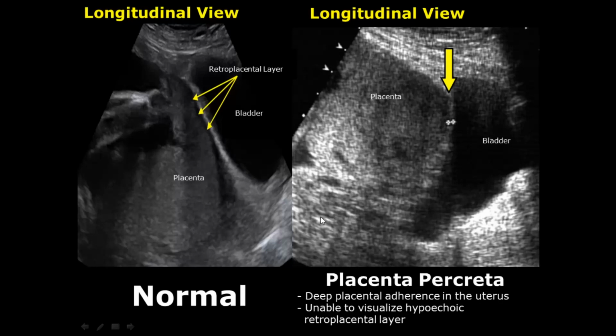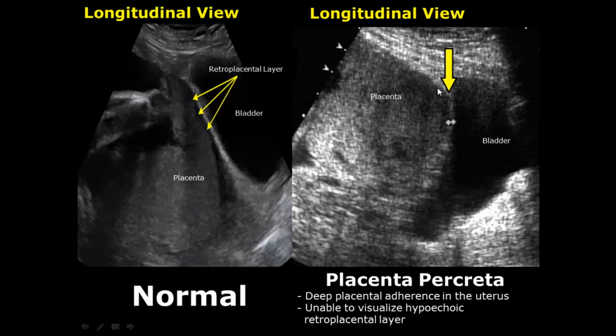It is the mildest form in which the placenta adheres deep into the endometrium but does not invade the myometrium. The second, moderate form is placenta increta, in which the placenta will invade the superficial part of the myometrium but not deep into the myometrium.